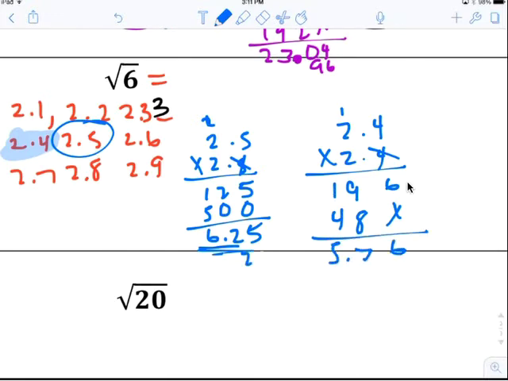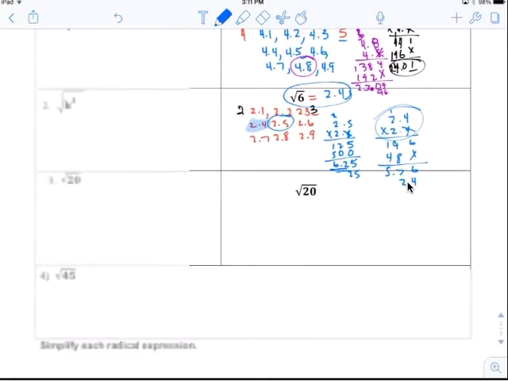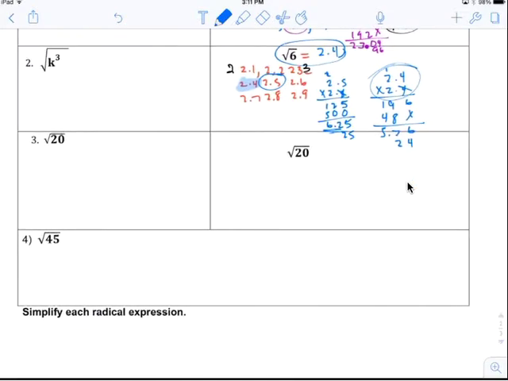Okay, this is 0.25 away. This is 0.24. Look at that. 2.4 is closer. So you do that for the square root of 20.